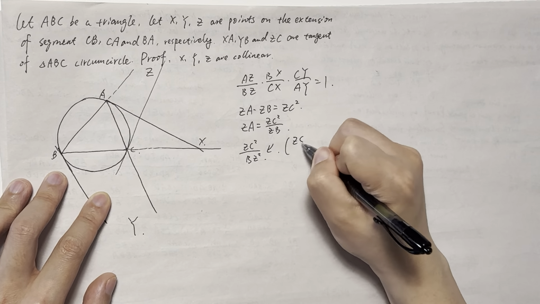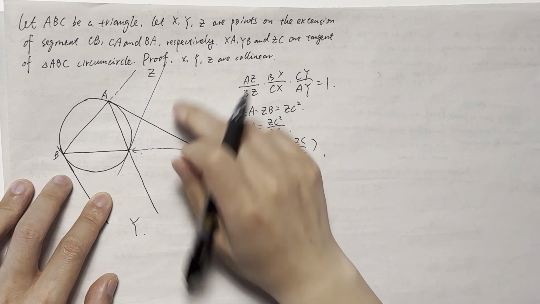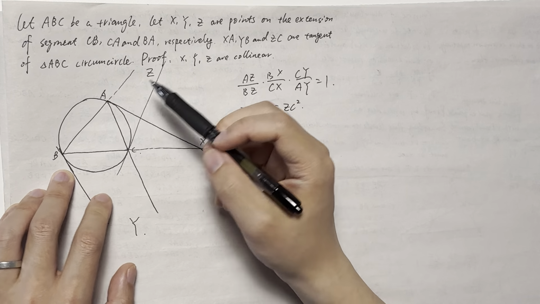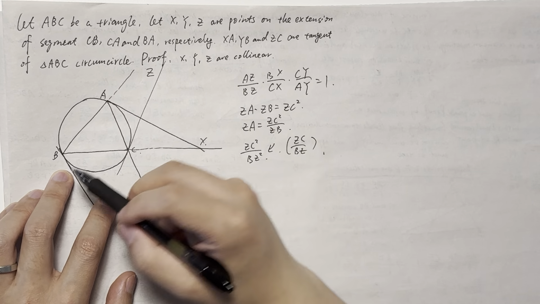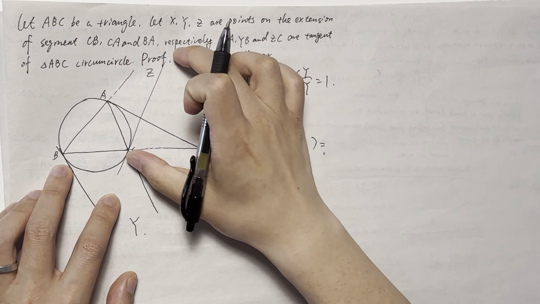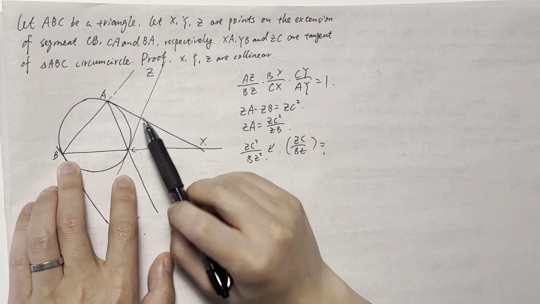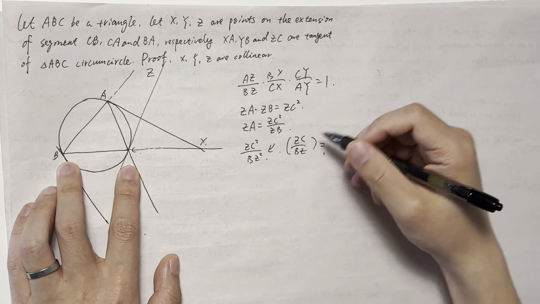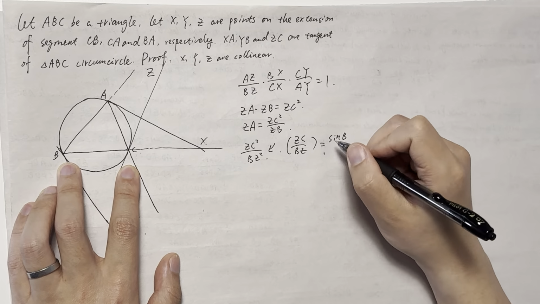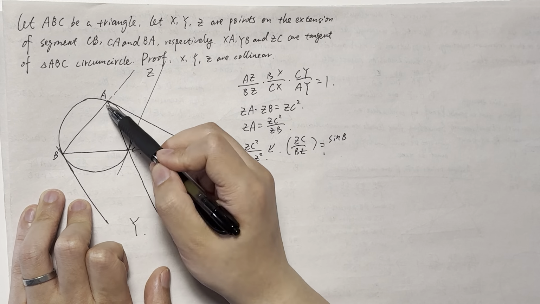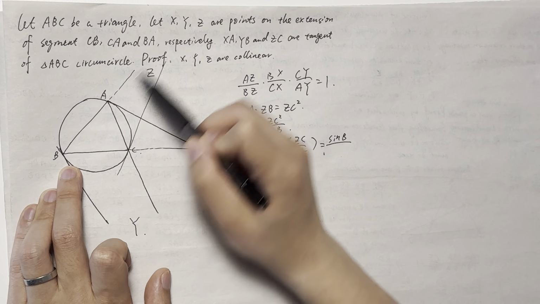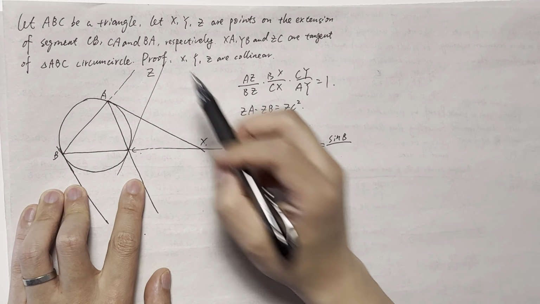Because ZC and BZ are two sides of triangle ZBC, ZC divided by BZ equals the sine of the angle opposite ZC, that's sine B, here I write B, so CBA, divided by the sine of the angle opposite BZ, which is angle BCZ.